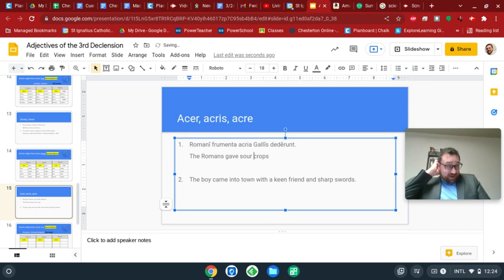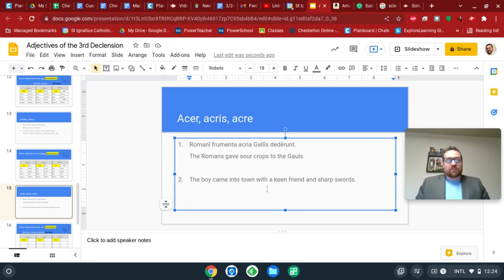Now, you could put sharp crops, I suppose, keen crops, but crops can't be keen, and it would be weird for crops to be sharp. So sour crops, to the Gauls, Gallis, and that's a dative plural, to the Gauls. So we have the Romans gave sour crops to the Gauls. Romani frumenta acria Gallis dederunt.